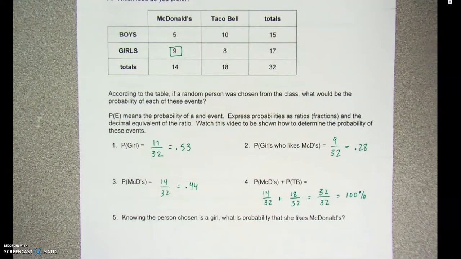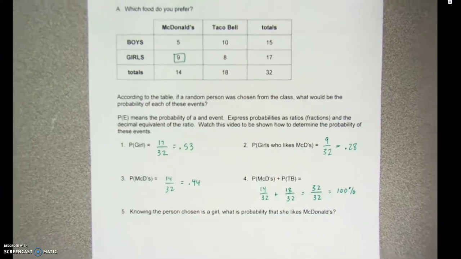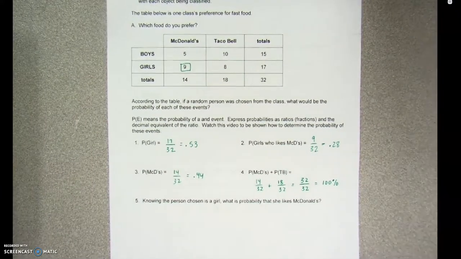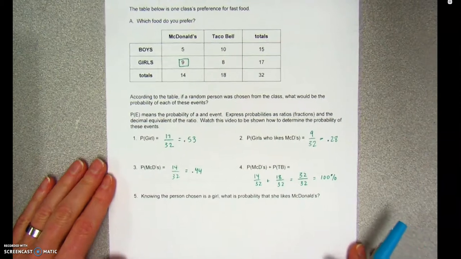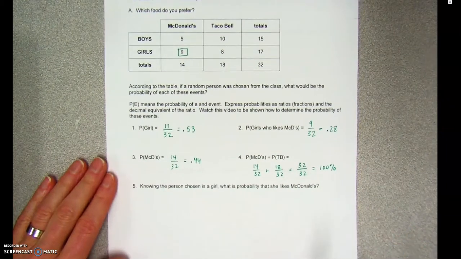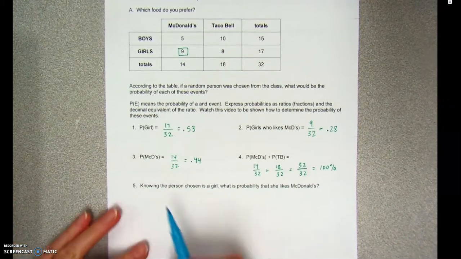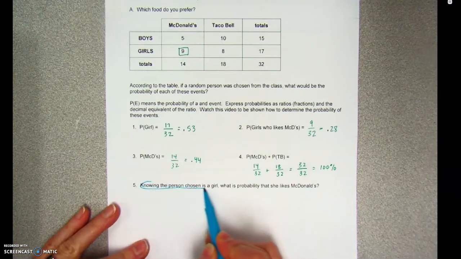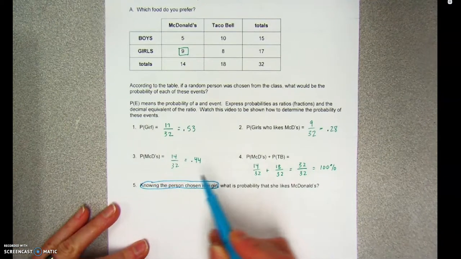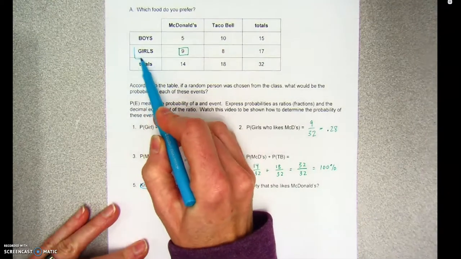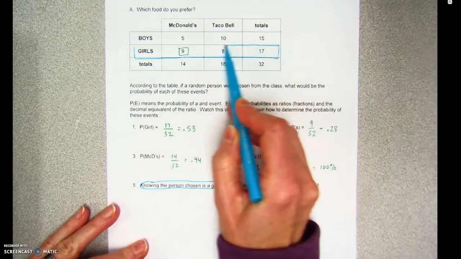Now here's where it gets tricky. Knowing the person chosen is a girl, what is the probability that she likes McDonald's? In this case, the denominator of our ratio is not going to be 32 because we know that that person chosen is a girl. Therefore, we are only looking at this portion of the chart.